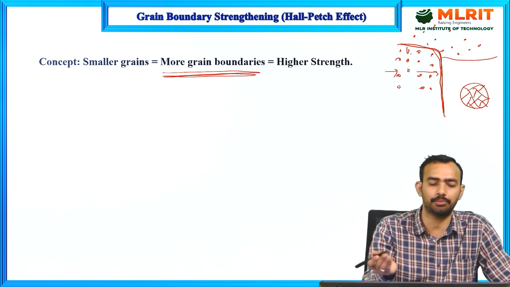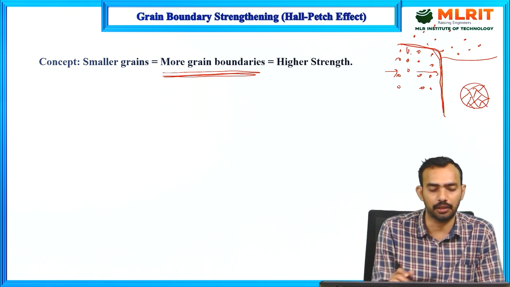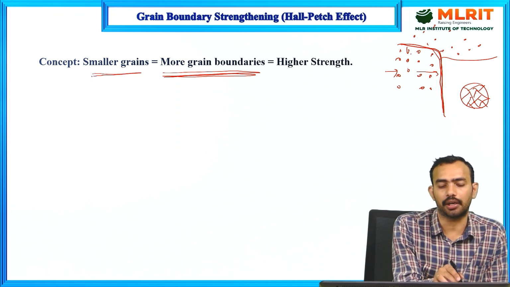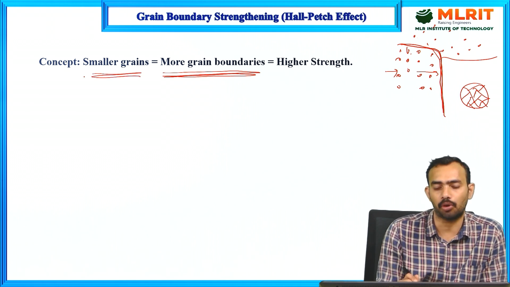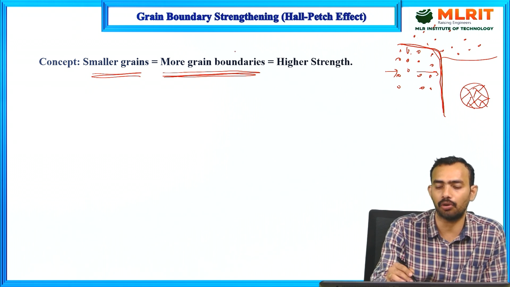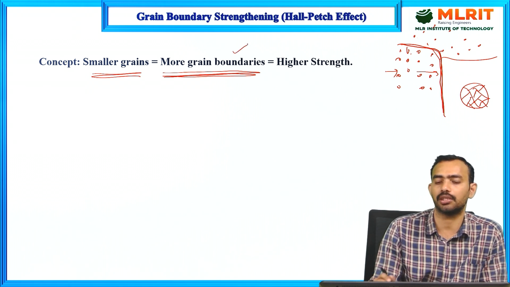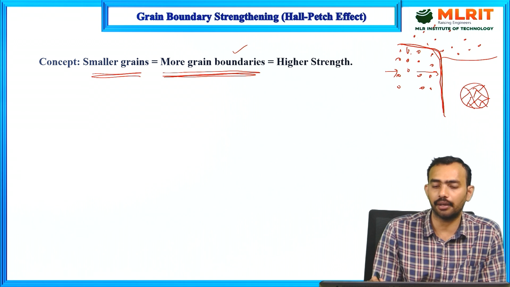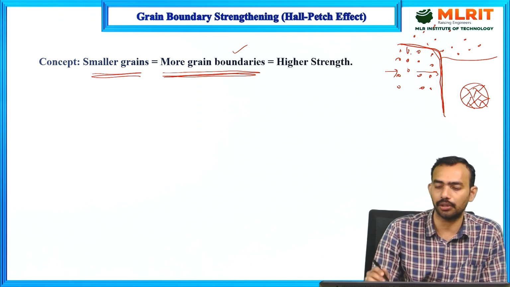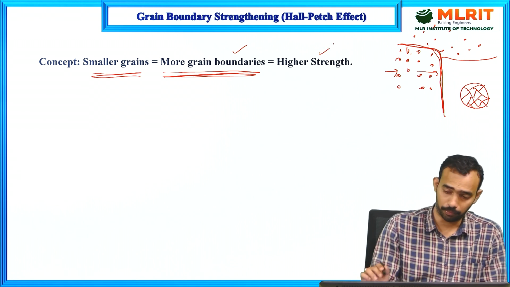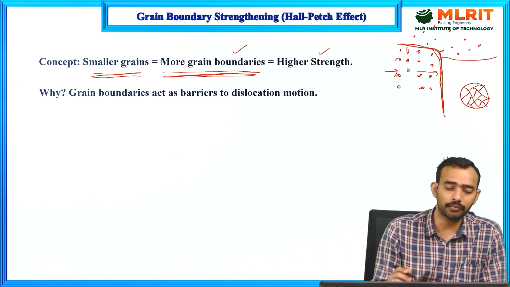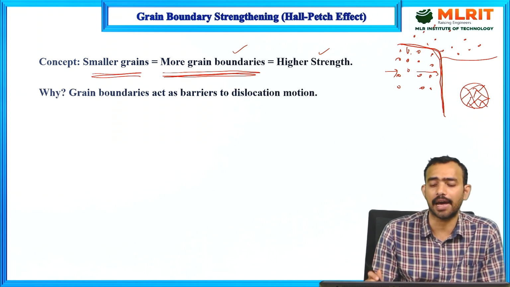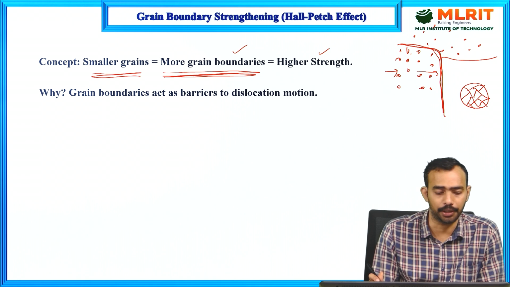So the concept of grain boundary strengthening is that we have to reduce the grain size, bringing in smaller grains so that more grain boundaries can be formed. These grain boundaries hinder the dislocation motion, and that is how it strengthens the material. Why? Grain boundaries act as barriers for the dislocation movement.